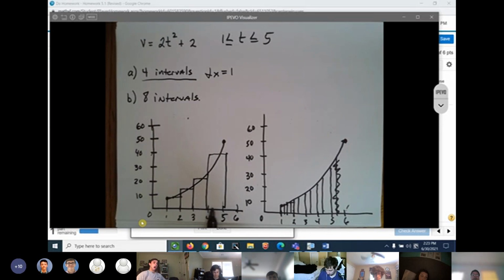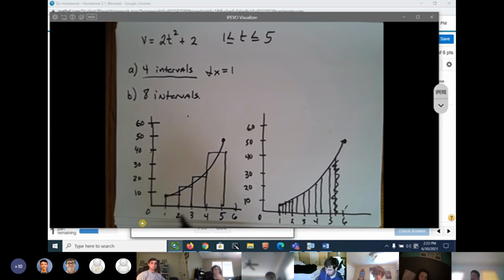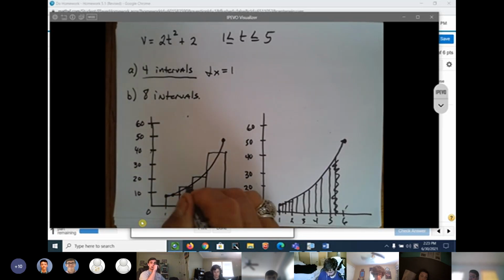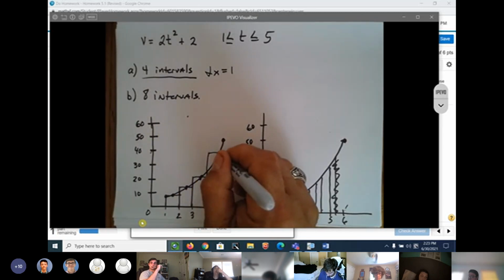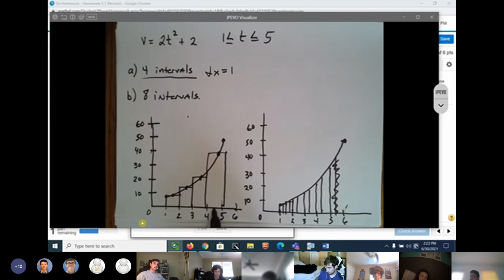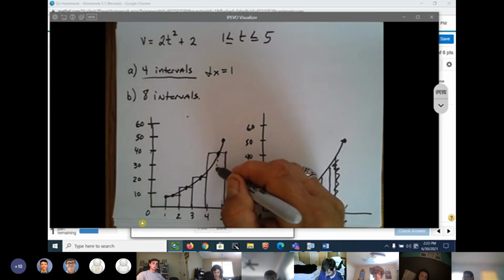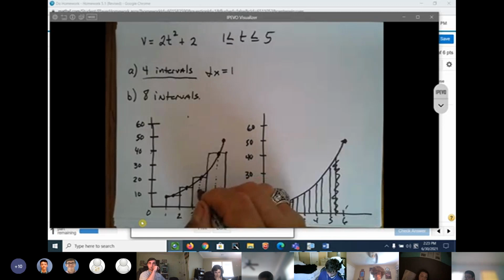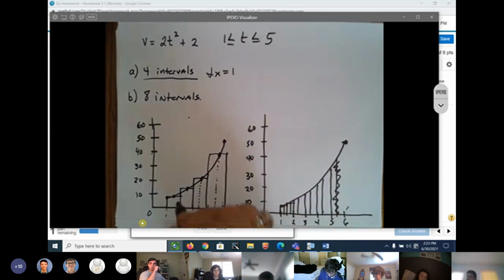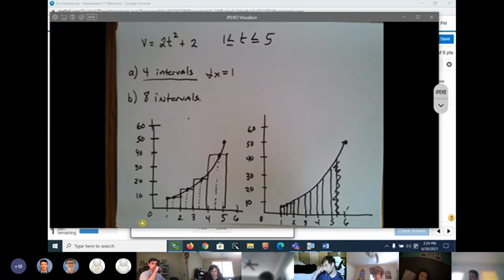See there? All you got to do is find the height at the midpoint, which is right here, right here, right here, and right here. So you plug in whatever this number is, which is 4.5, 3.5, 2.5, and 1.5.